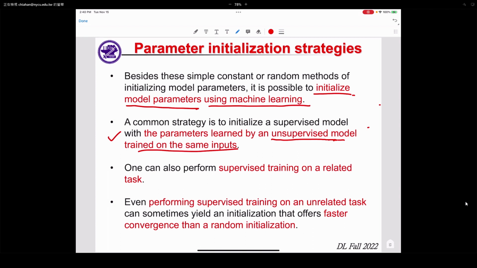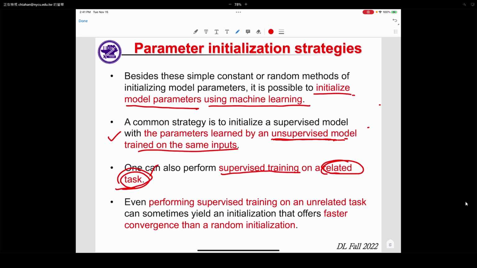So unsupervised learning first, and then supervised learning. Or you can rely on supervised learning on a related task. Not the same task, but a related one. Usually this related task is easier to train and easier to set the parameters for.